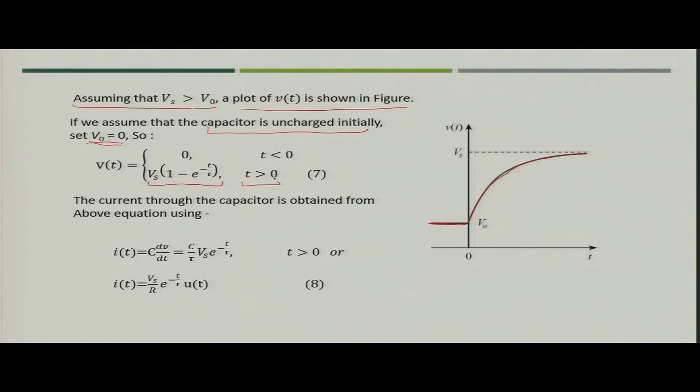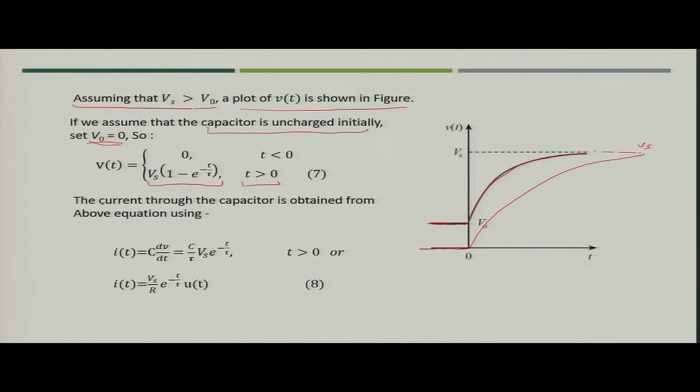Your curve will start from 0, and it will settle down again at voltage Vs for time t greater than 0, and for time t less than 0 it will be 0. The curve will look as shown in the figure. Finally, it will settle down to the value Vs, which is nothing but the source voltage.